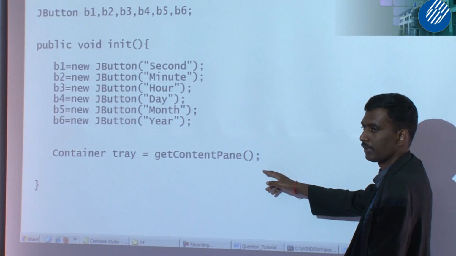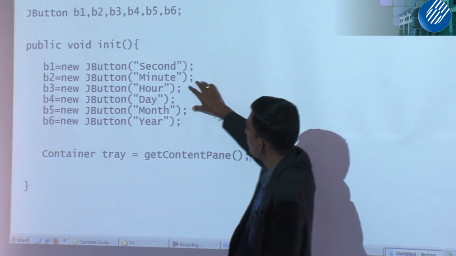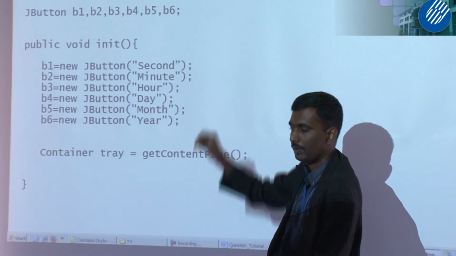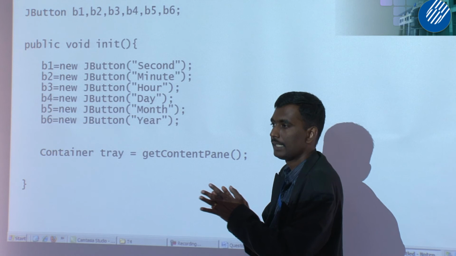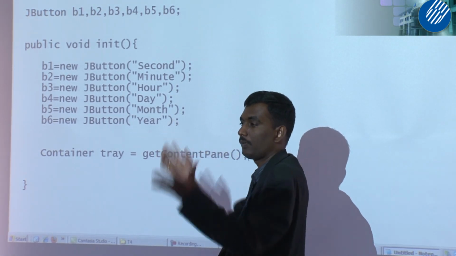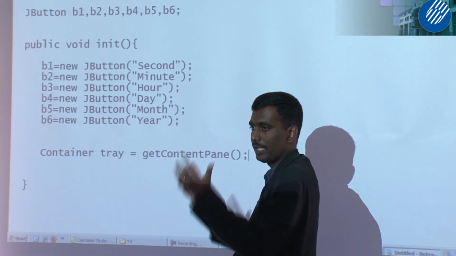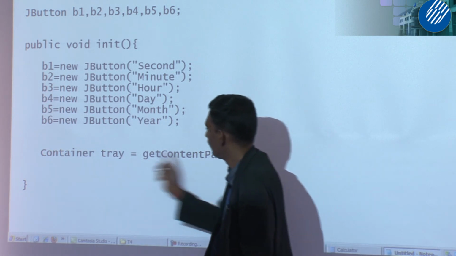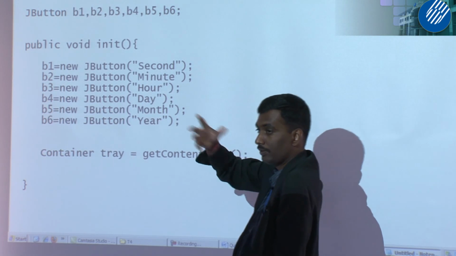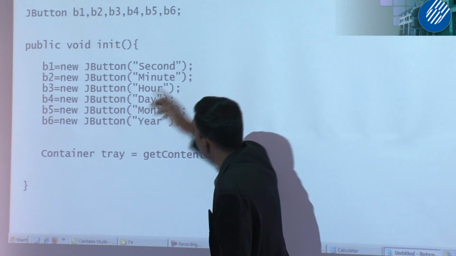What does it mean? Once you have the components, the buttons, you need to put them in the applet, right? The surface of the applet is a container. You cannot just simply put them in the applet. You need to create the container, like a bekas. So you need to create that bekas or container. That's why you need to write this instruction, so that you can put all of this into the tray.